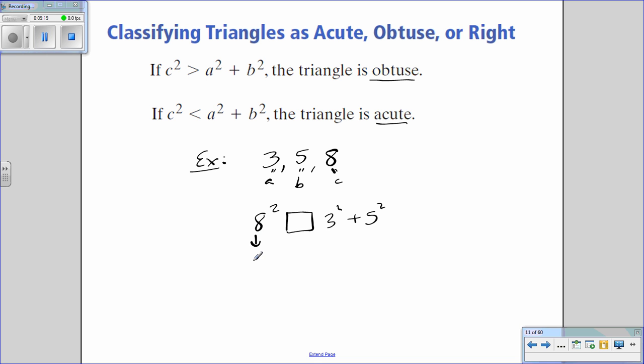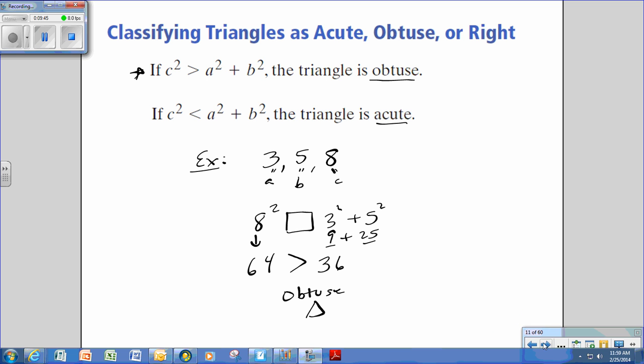Now I know 8 squared is 64. 3 squared is 9. 5 squared is 25. 9 plus 25 is 36. 64 is greater than 36, so that means this is an obtuse triangle, as it said up here.